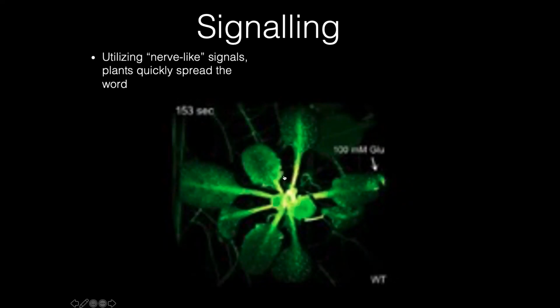So in this video, what we see is researchers are utilizing this nerve-like signal. And what they found is, just like in human nerves, we're using glutamate, and that glutamate is causing a cascade of calcium to be spat out, and then that initiates the nerve conduction. So that can happen at hundreds of miles an hour throughout the body.